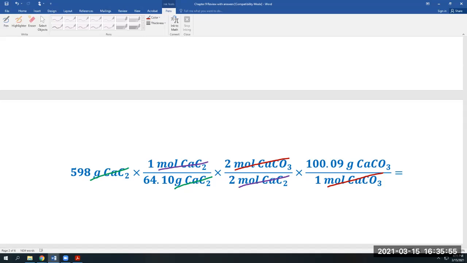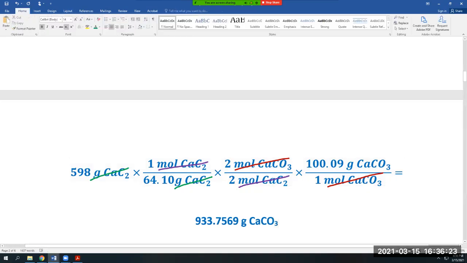And divide again by 2 moles of CaC2, equals. So the calculator answer is 933.7569, etc. And we said it's grams of CaCO3, the unit, right? That's what is left up there.